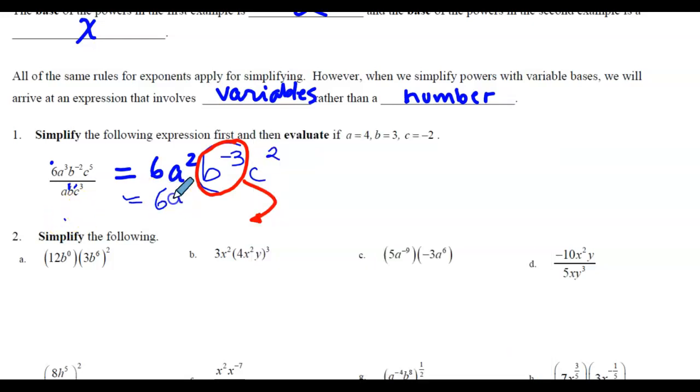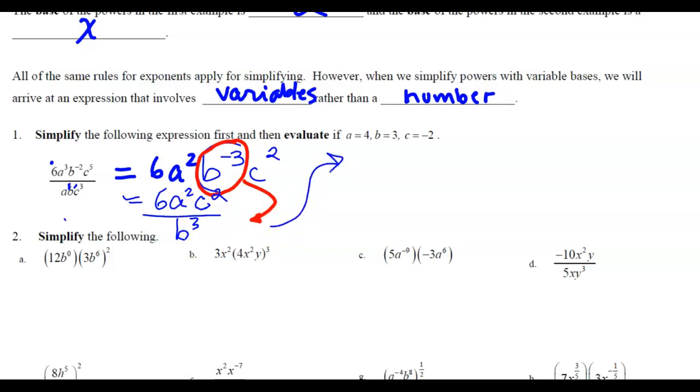So the 6a squared c squared stays in the numerator, and that becomes b cubed in the denominator. I'm just going to fix that up a bit. Okay, so that's done.